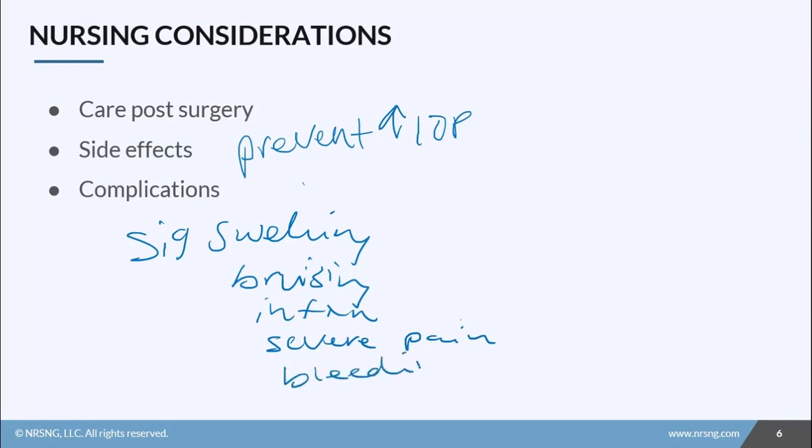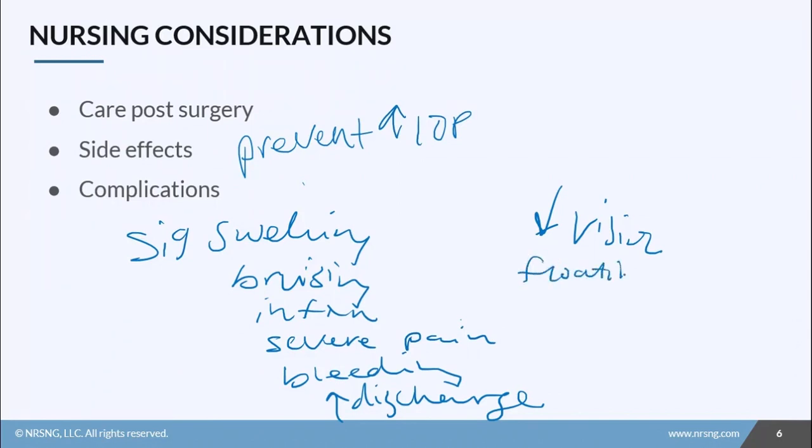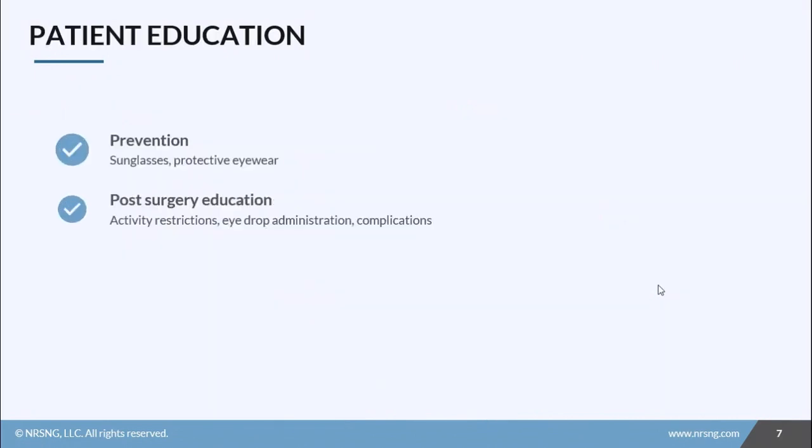Bleeding, increased discharge or yellow discharge, decreased vision, or floating shapes. Those are all abnormal findings, and they need to be reported to the provider right away.